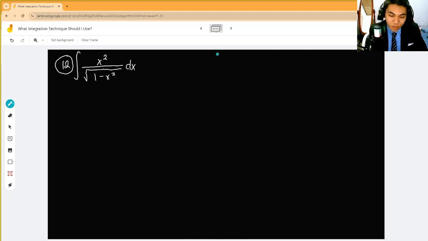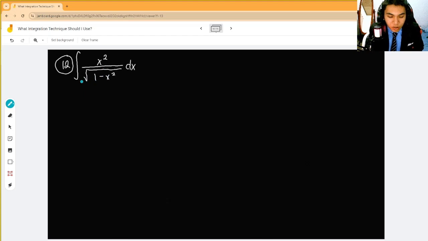So for our final example, we have the integral of x squared over the square root of 1 minus x squared dx. So we can't do u-sub yet. So we can do a trig sub, since you notice that this is of the form arcsine, right?